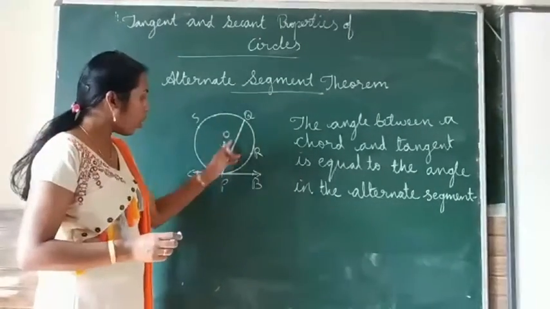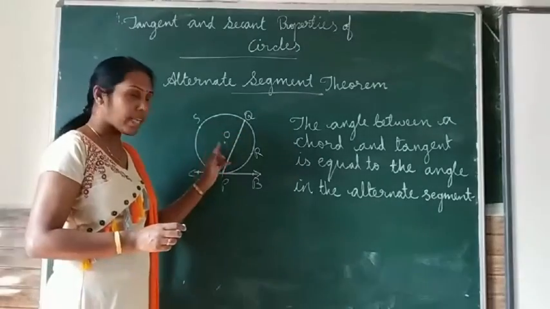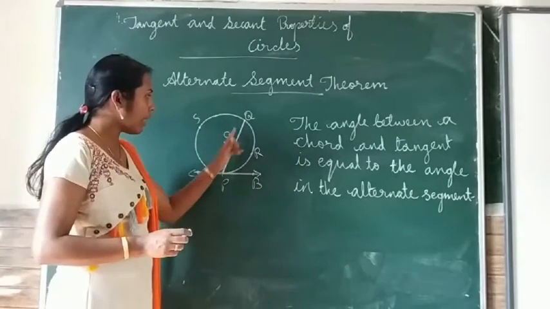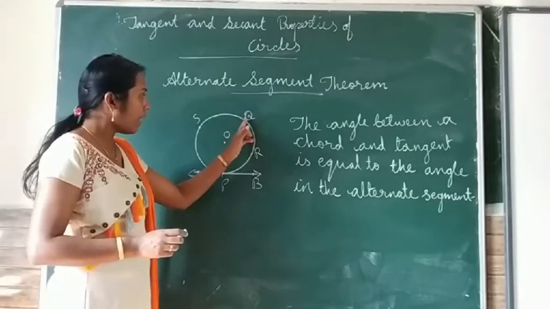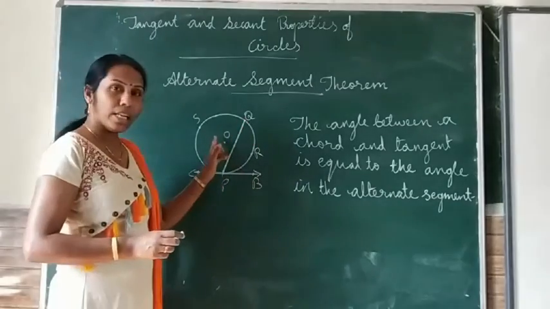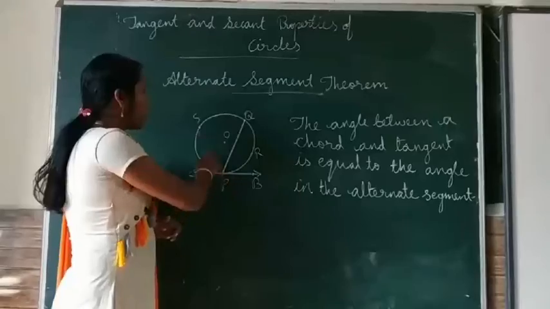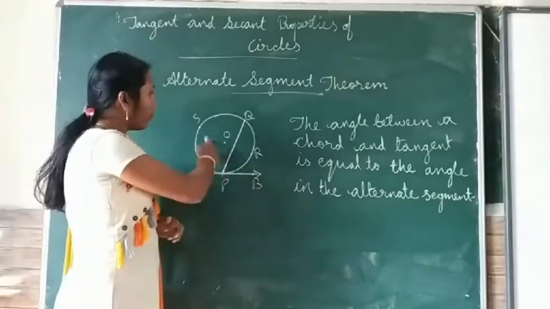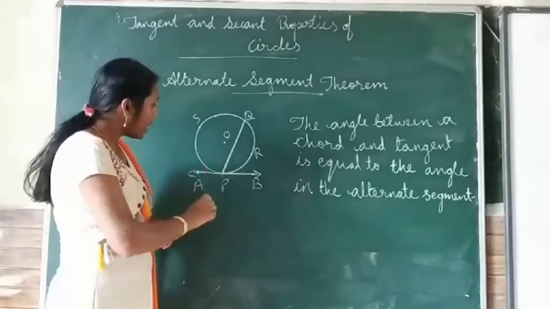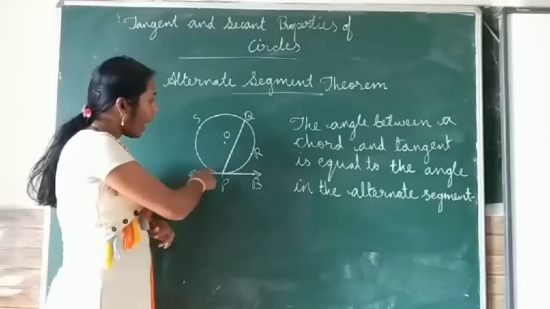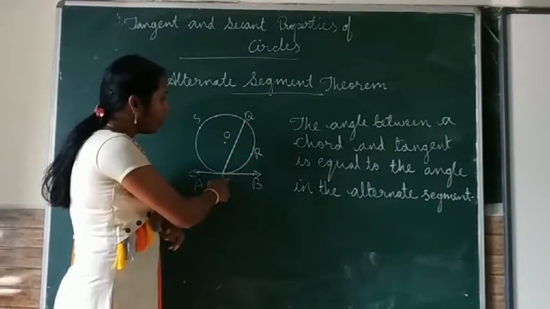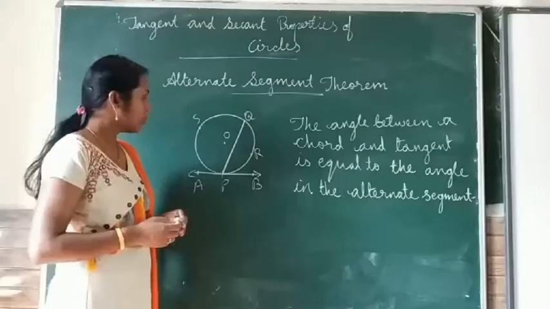We know that this chord divides the circle into two segments. One is a minor segment, another one is a major segment. So, when we consider the angle QPB, the alternate segment is the major segment PSQ. If we consider angle QPA, the alternate segment is the segment QRP.